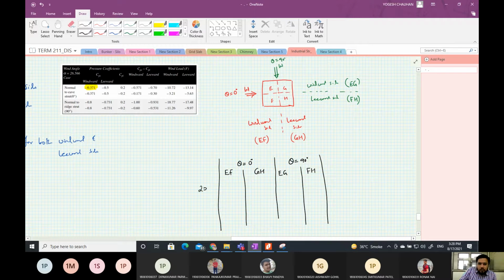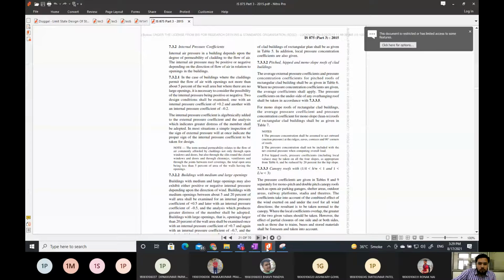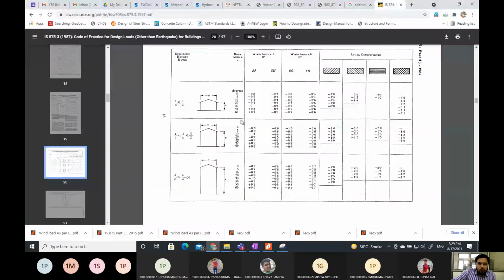So at 20 degree and at 30 degree you have the values. You have to interpolate the value between these two, which is 26.566 degree. At 20 degree it is minus 0.7 and minus 0.2.